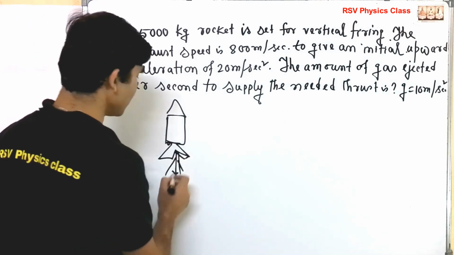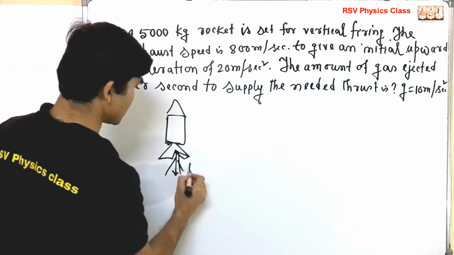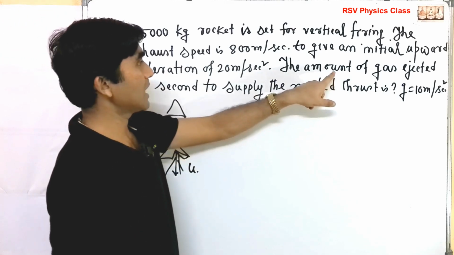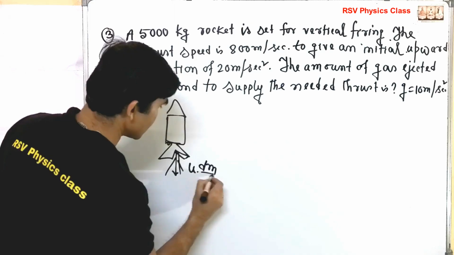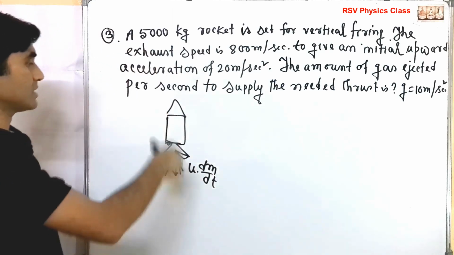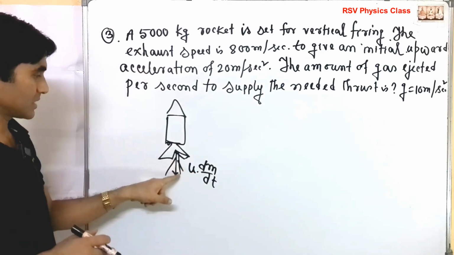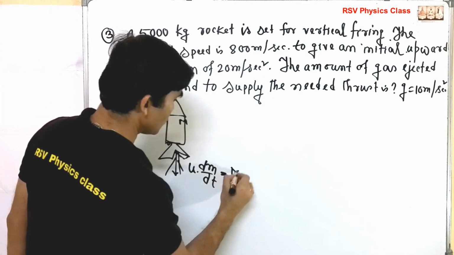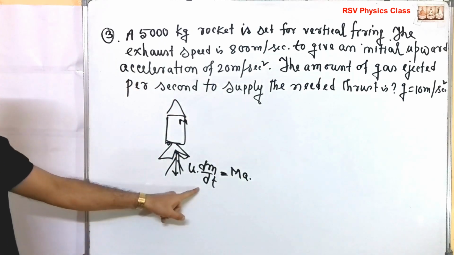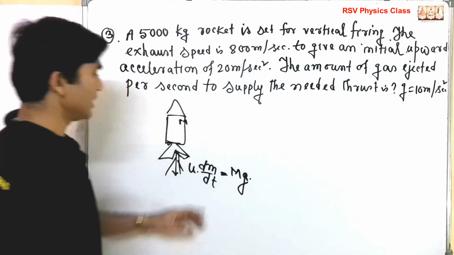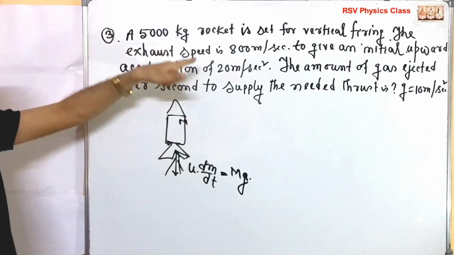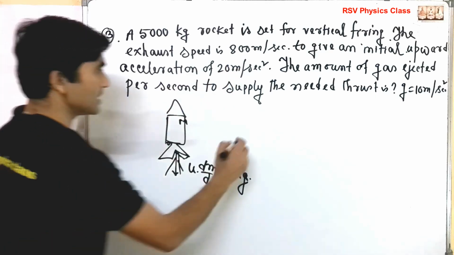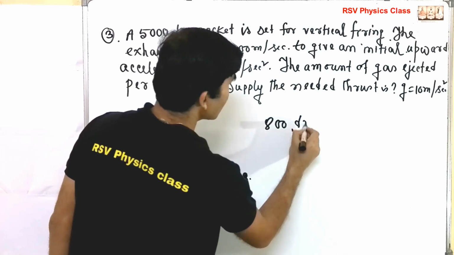How much gas is ejected, so that it will rise? Remember from the theory classes, if your exhaust speed is u and the rate at which mass is ejected is dm/dt, then thrust is u dm/dt. How much mass is being ejected, how much gas is combusted, equals m into acceleration. Here this is basically mg, so that it can just lift off. But here the initial acceleration is 20 meter per second square. So u is 800 meter per second.